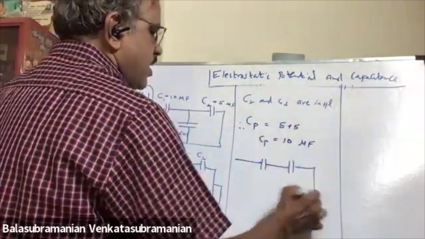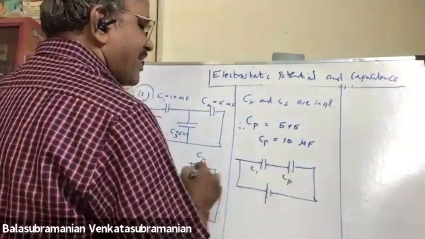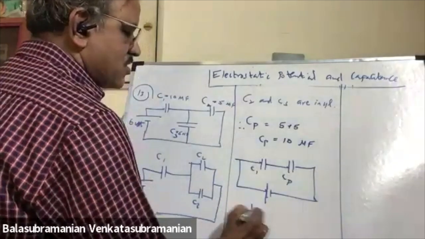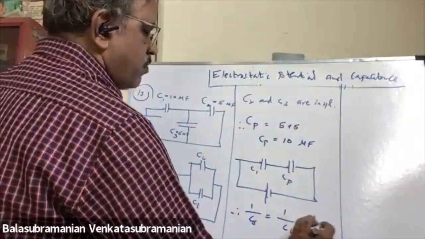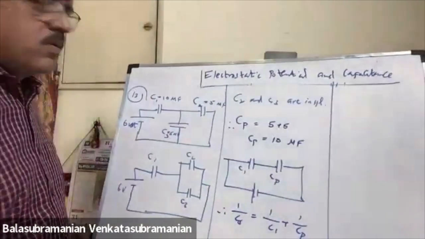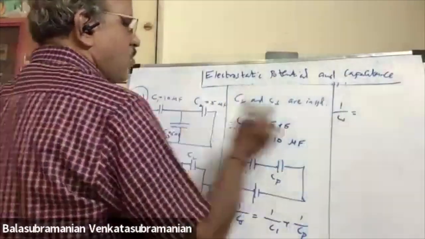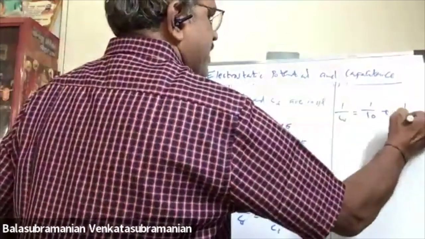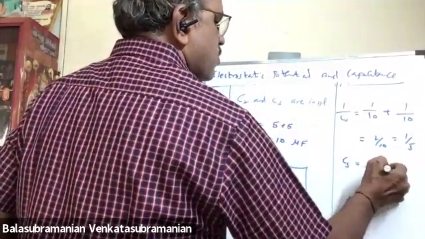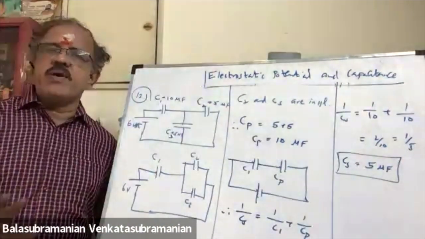C1 and Cp are in series now. Therefore, 1 by Cs is equal to 1 by C1 plus 1 by Cp, that is 1 by 10 plus 1 by 10, 2 by 10, that is 1 by 5. Cs is equal to 5 microfarad. So the effective capacitance of the combination is 5 microfarad.